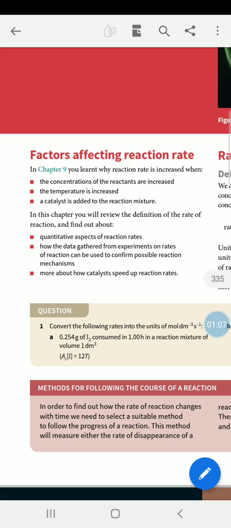So how fast do the reactants get spent, and how fast do the products form. So these are the two different ends of this rate relationship. That is, how fast do the reactants get spent, or else how fast do the products get made.